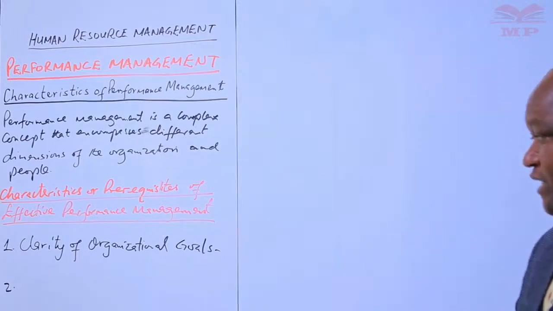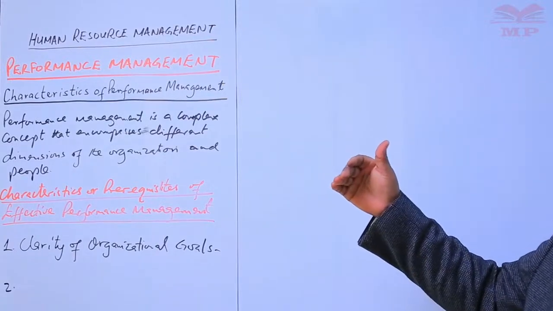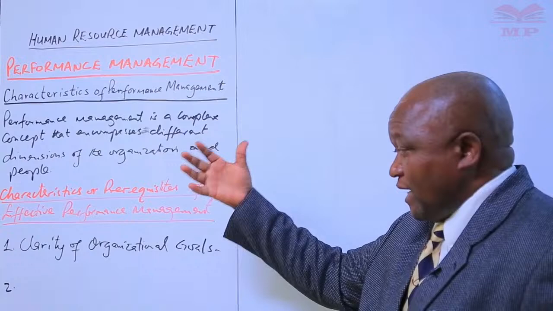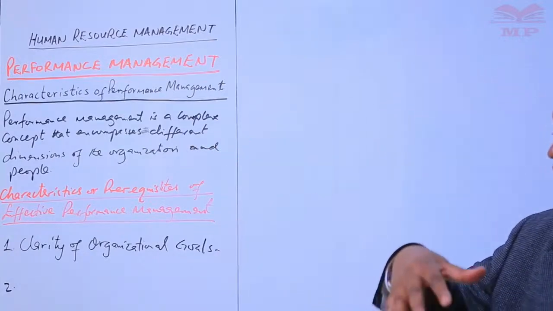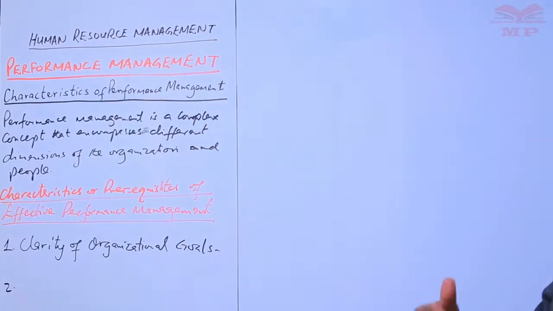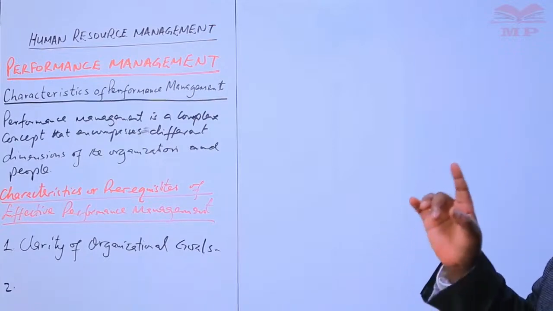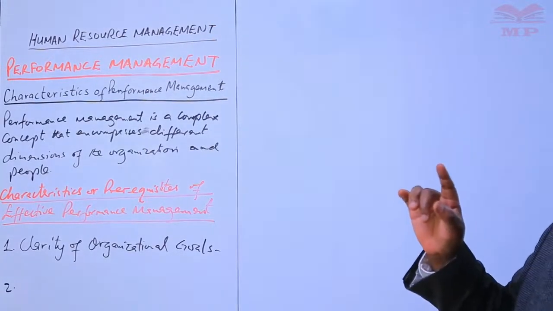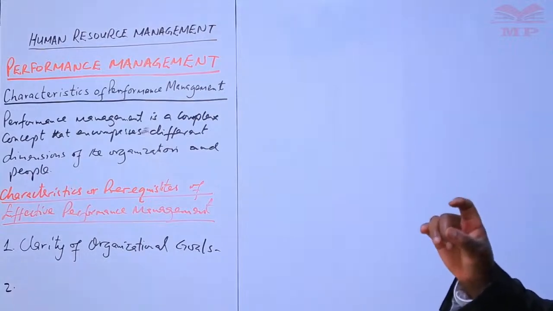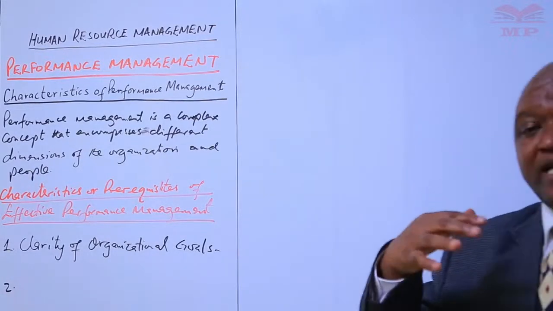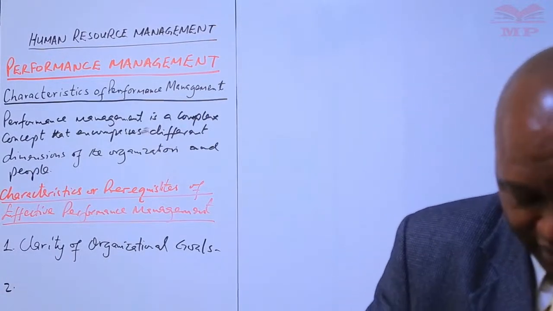Ultimately, the objectives of the organization are larger, and they are the bigger ones. And sometimes even individual objectives have to be sacrificed for the expense of the larger organizational objectives. So one of the areas or prerequisites of effective performance management is that goals have to be clear within a given organization.